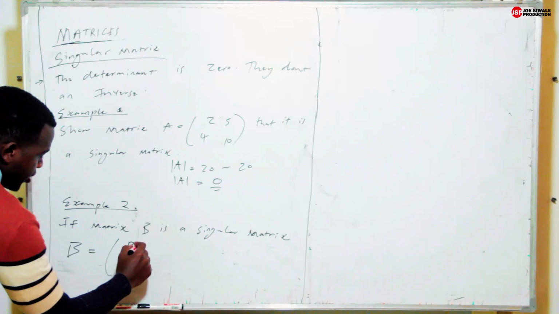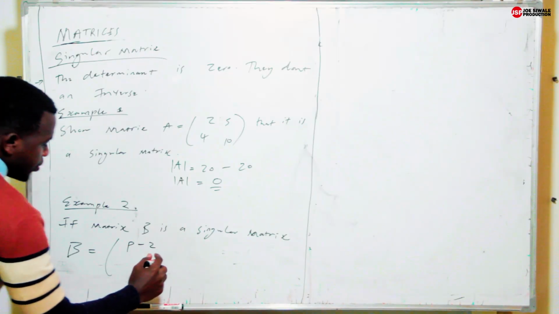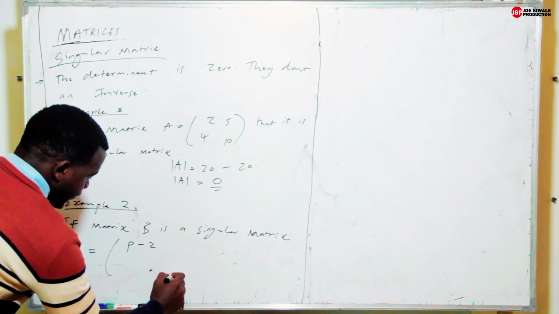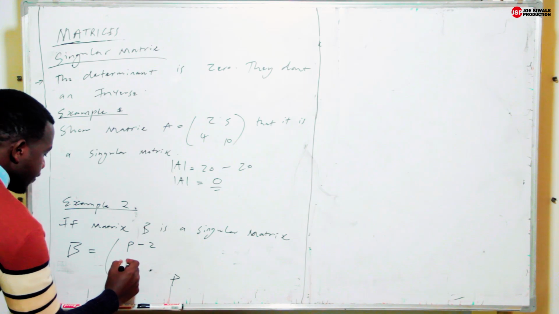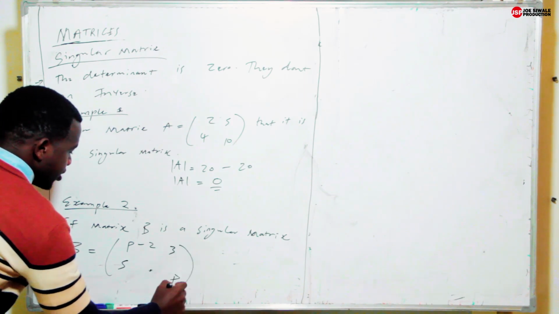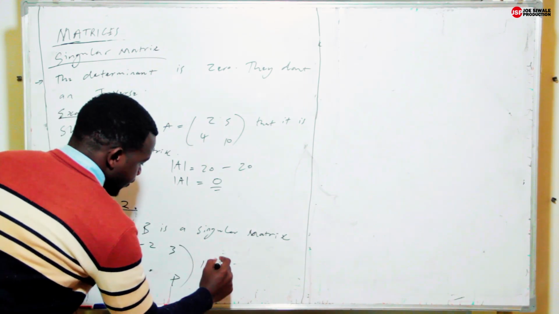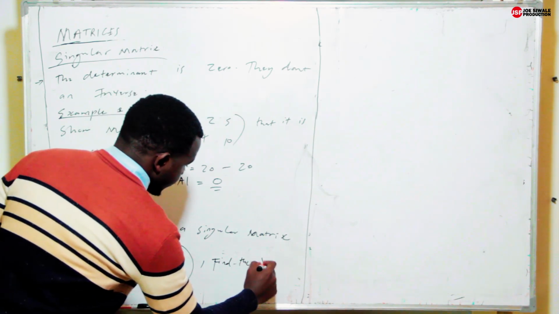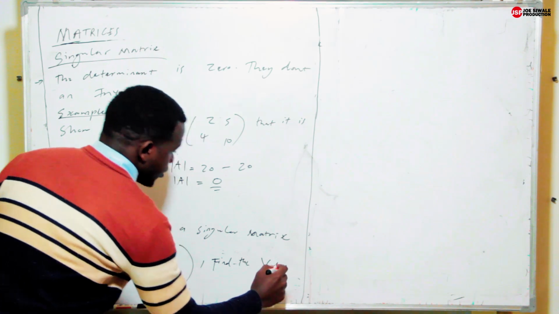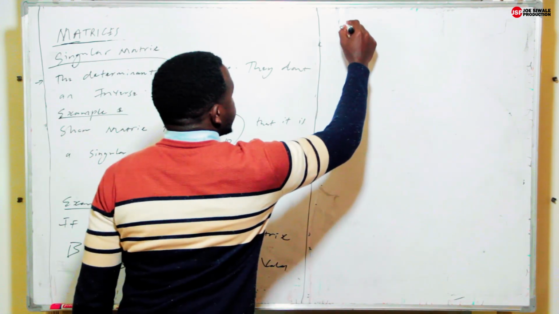We have P minus 2, then we have 3, then we have 5, then we have P. Then you've been told find the values of P.